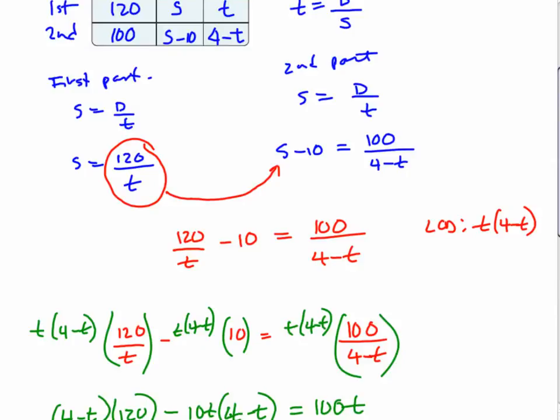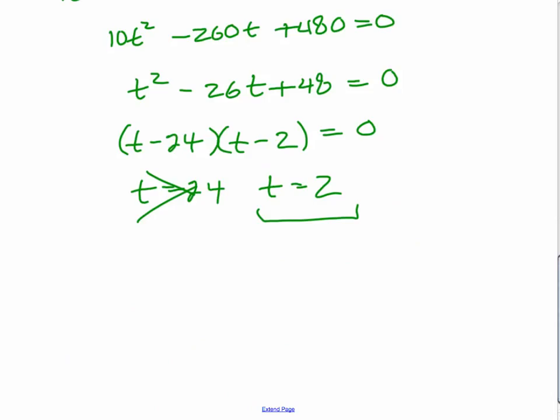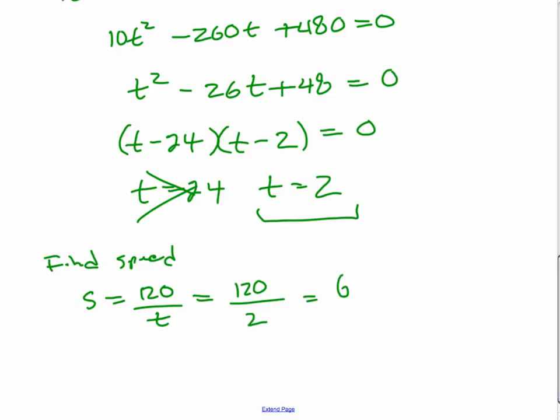So let's figure out the speed for the first part. So s equals 120 over t. So if he was going for 2 hours, it'd be 120 over 2, which would be 60 miles an hour.